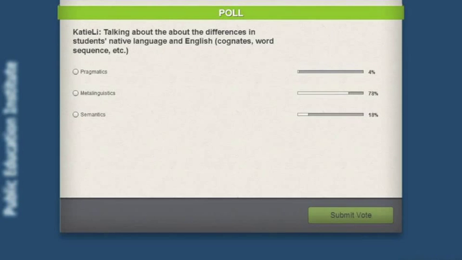Yeah, so it's mainly metalinguistics, and depending on what you're talking about, you could be talking about semantics or pragmatics, but really it's about using language to talk about language. So you're telling them similarities between cognates or similarities between languages.